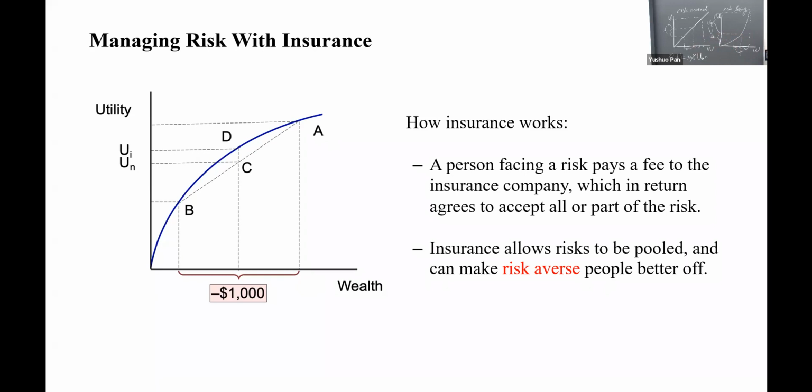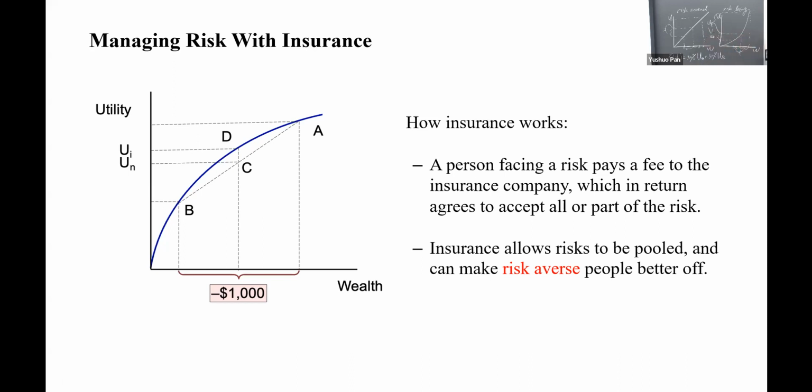Plus another 50%, in which I'm going to lose $1,000. After I lose $1,000, my new utility is at point B. That's my new wealth and my new utility here, the utility of B, again at 50%.